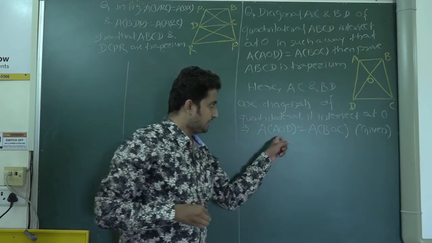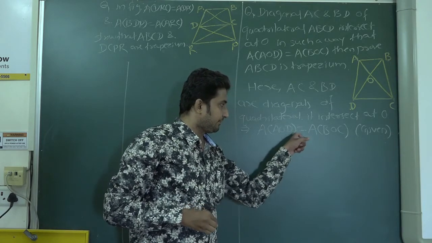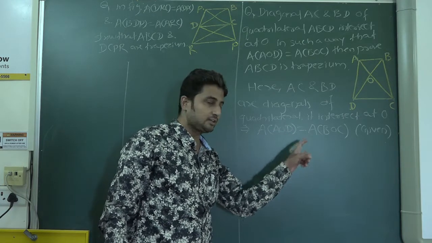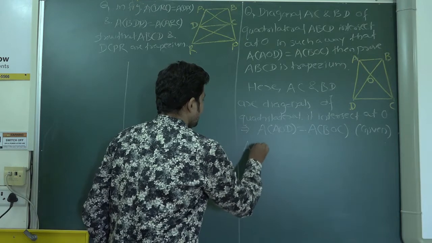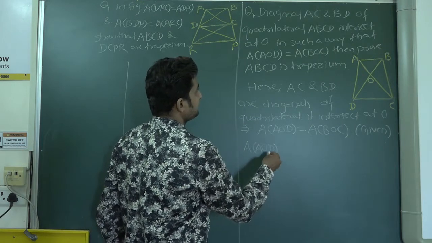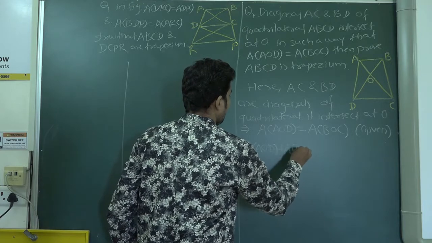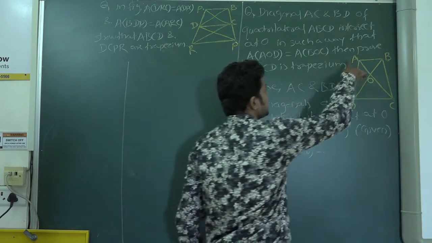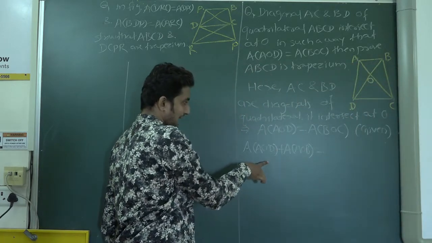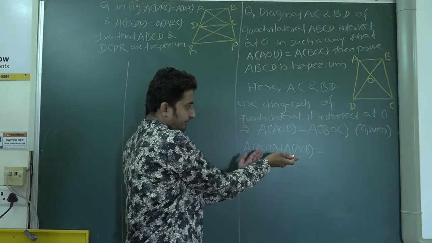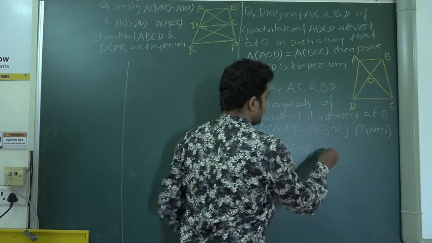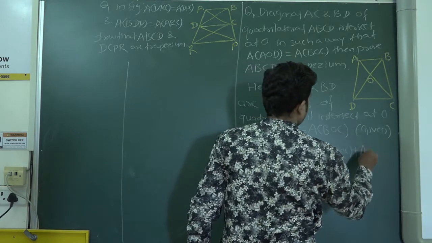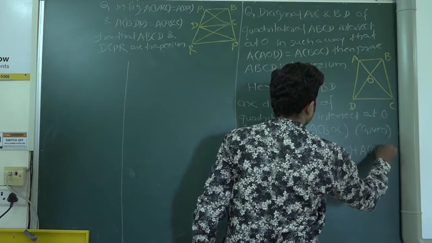Now here I make some addition. Observe this carefully. If I add area AOB to LHS, the same process is to be carried out on RHS. So area of BOC plus area of AOB.